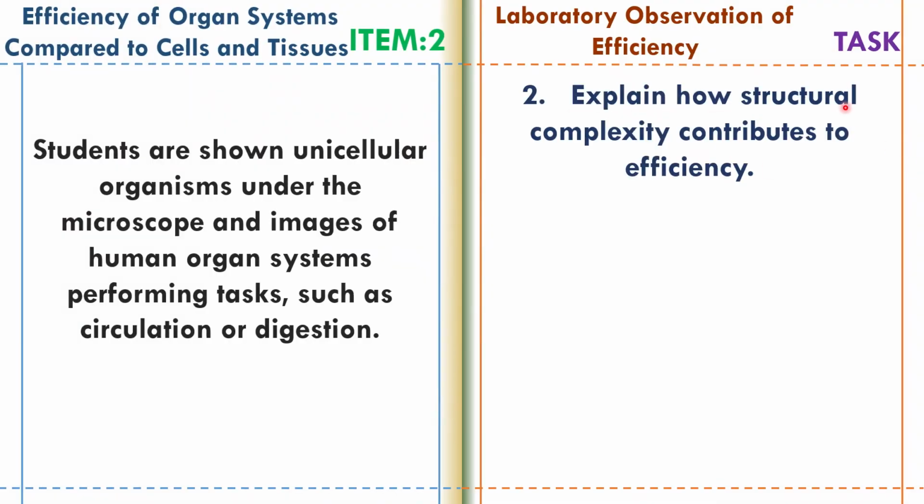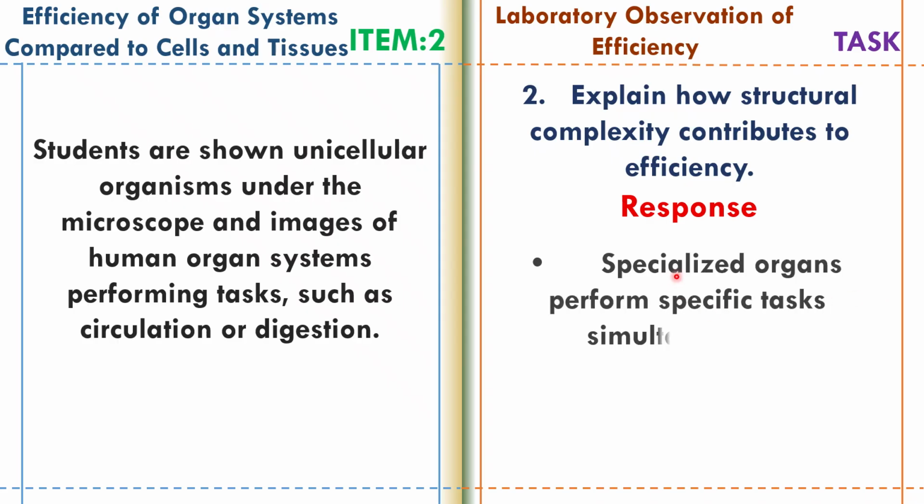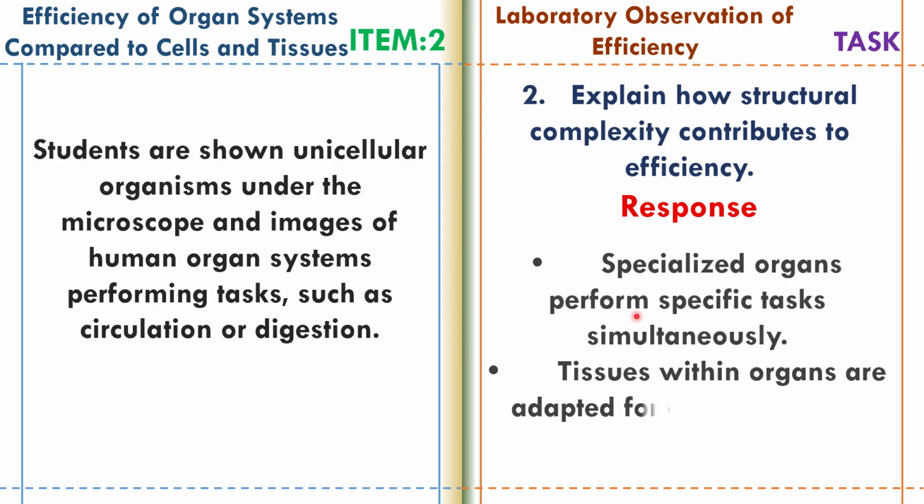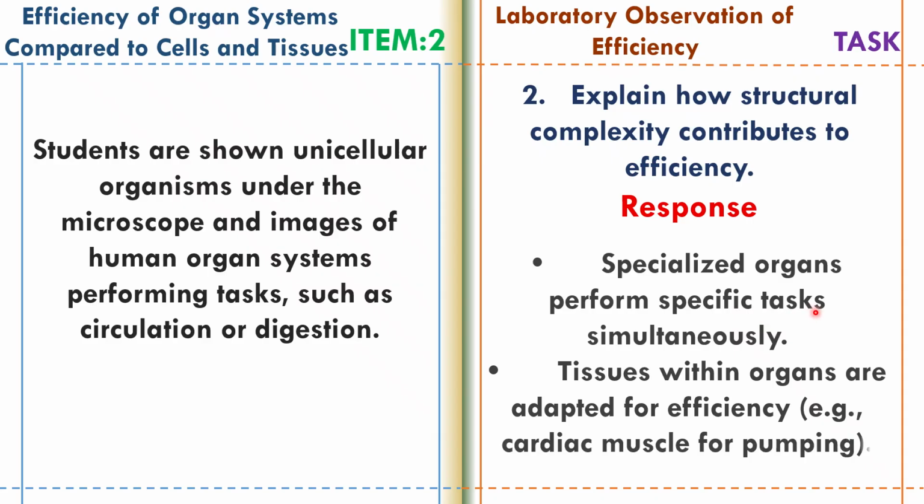Explain how structure complexity contributes to efficiency. Specialized organs perform specific tasks simultaneously. Tissues within organs are adapted for efficiency, for example, cardiac muscles for pumping.